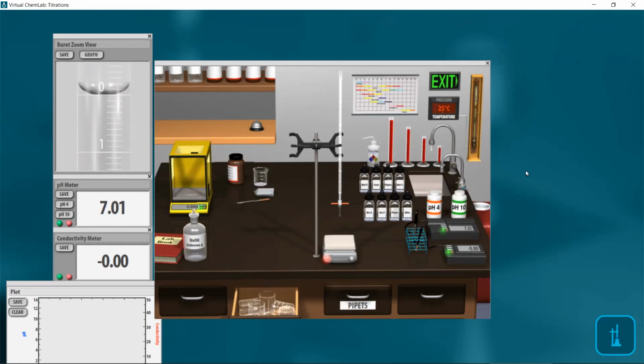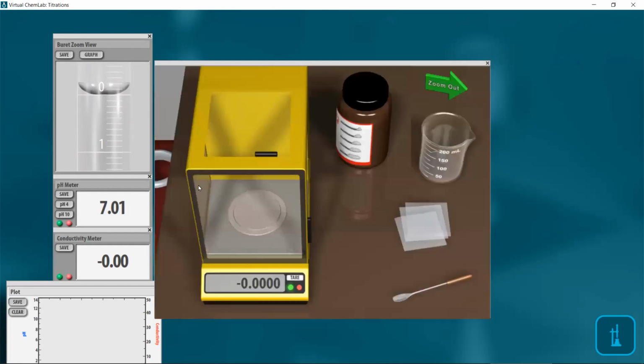Now, click on the scale, the balance. Take a piece of filter paper, put it on the balance, tare it, which means zero it. Now, take the cover off the jar and the bottom spatula on the label, click on it.